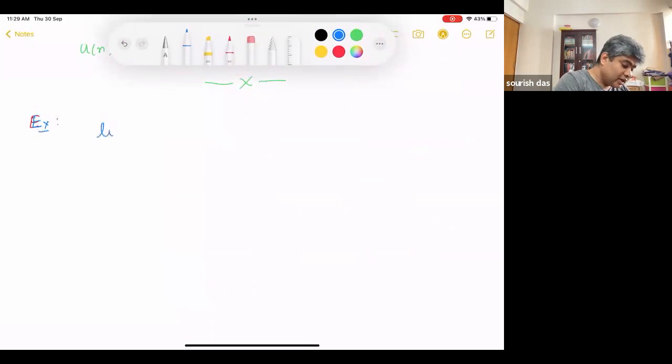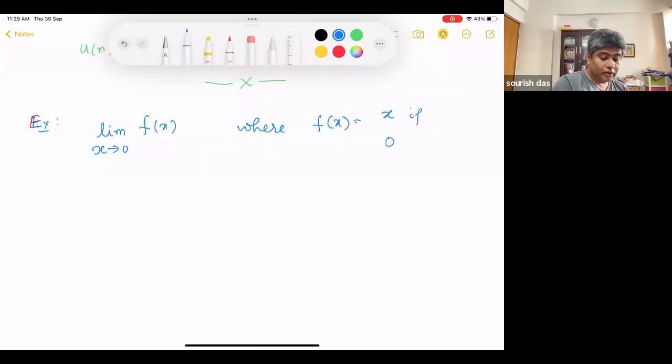Find the limit as x tends to 0 of f of x, where f of x is x if x is a rational number, and 0 if x is in the set of irrational numbers.